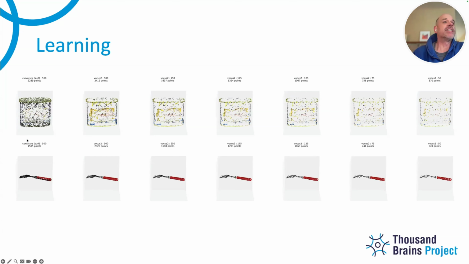This is the model that was trained using the surface agent. And our benchmarks use this one right here. Pretty dense, 2,300 points. This is about the same density here, you get 500 points.